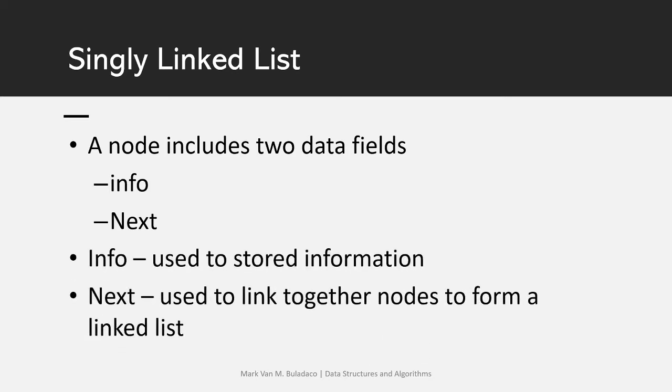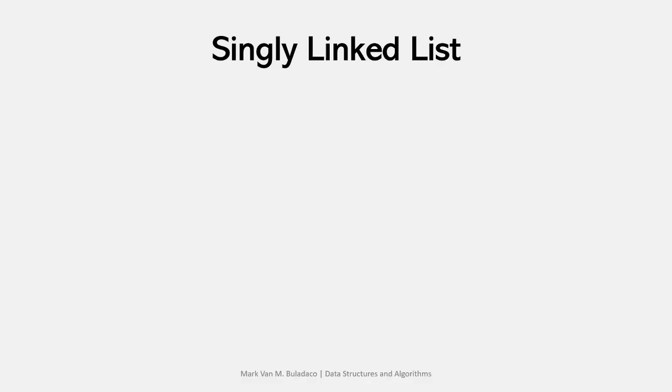Next is used to link nodes together to form a linked list. So it will be linking to another block of nodes. So this is an example of a singly linked list. Again, in a singly linked list, there are only two fields, the info and then the next.